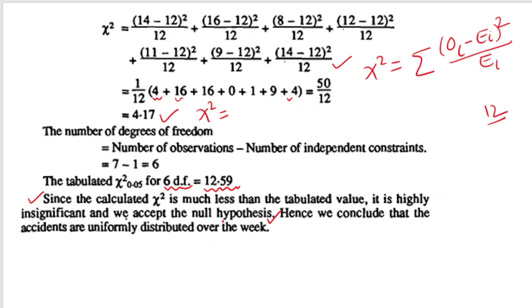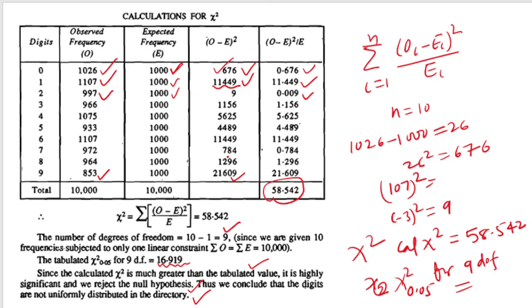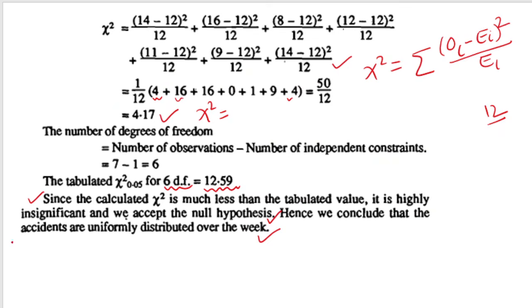Since we accept the null hypothesis, the conclusion is that the accidents are uniformly distributed over the week. In the previous question, since we rejected the null hypothesis, we concluded that the numbers are not uniformly distributed. But here we accepted the null hypothesis, so we conclude that the accidents are equally distributed. Okay.